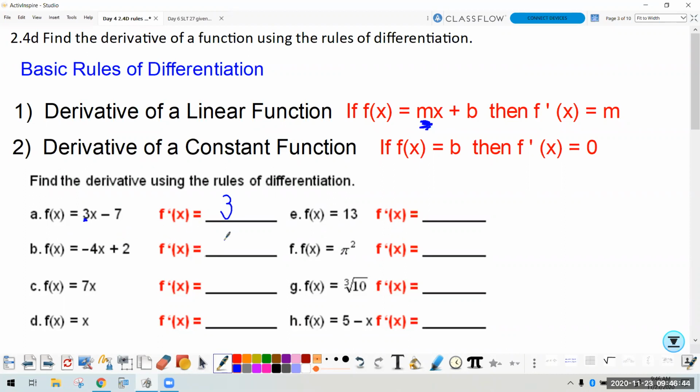So the derivative everywhere is negative 4. The derivative of 7x, 7. The derivative, okay, this is 1x. When there's no coefficient there, it's a 1. So the derivative is 1. Any questions on this first column?